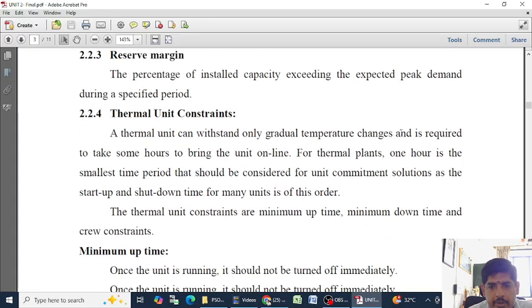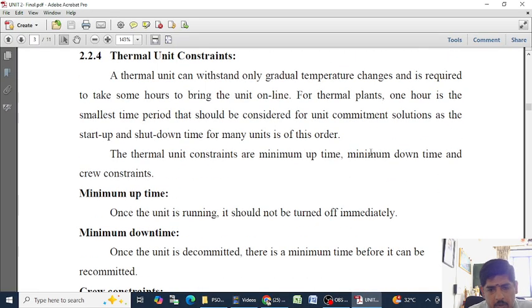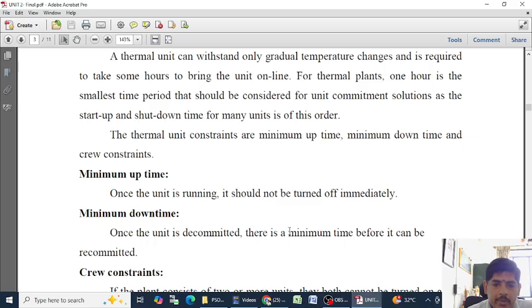For thermal unit constraints, we have to consider the minimum uptime. Once the unit is running, it should not be turned off immediately. That is called minimum uptime. Minimum downtime means once the unit is decommitted, meaning switched off, there is a minimum time before it can be recommitted.